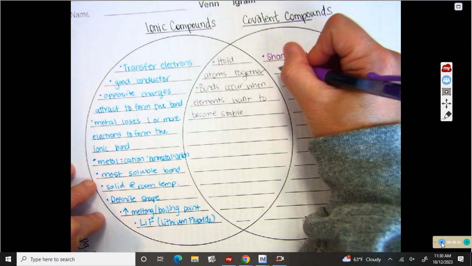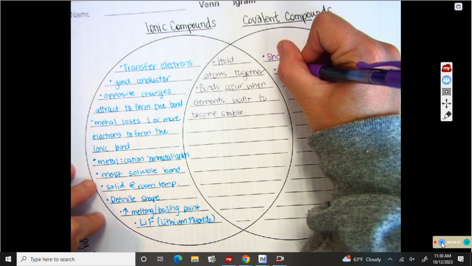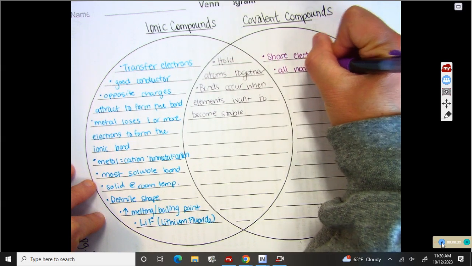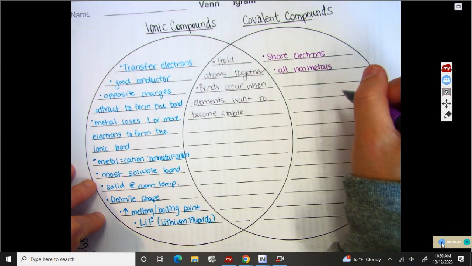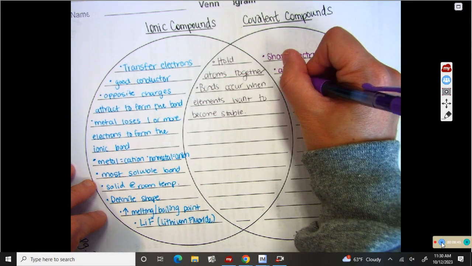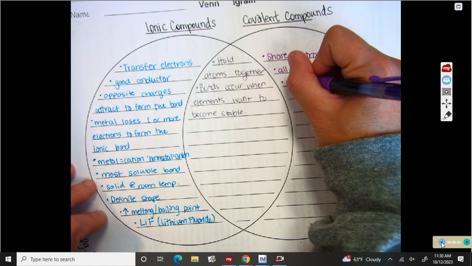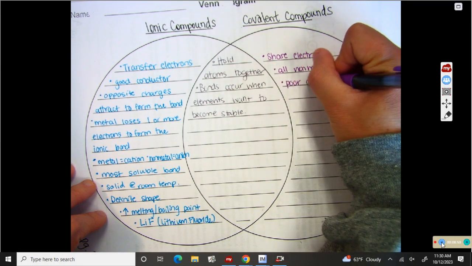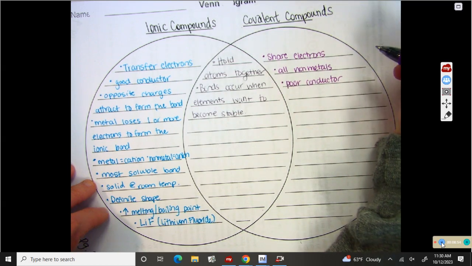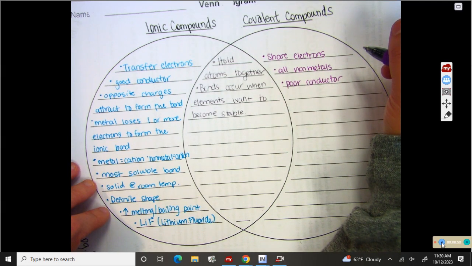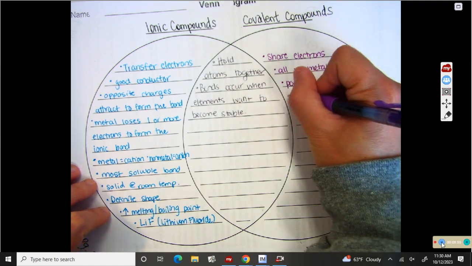Now, these are all nonmetal. So we're going to put all nonmetals. And then out beside this, we're going to put poor conductor. Okay, now these are the same charges.